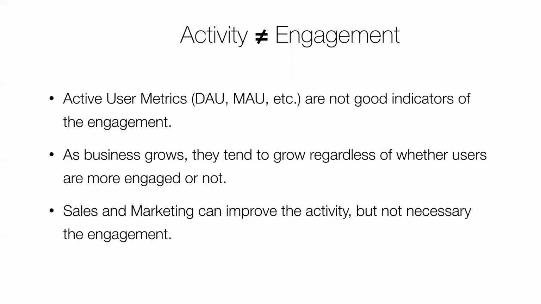You can manipulate those numbers by spending a lot of money on advertisement and marketing, or assigning a lot of sales folks and bringing those people in, and all of a sudden the DAU and MAU can go up. But that's not what you want. What you want is the same users spending more time using your product or service, or purchasing on your website. So activity is not necessarily engagement.